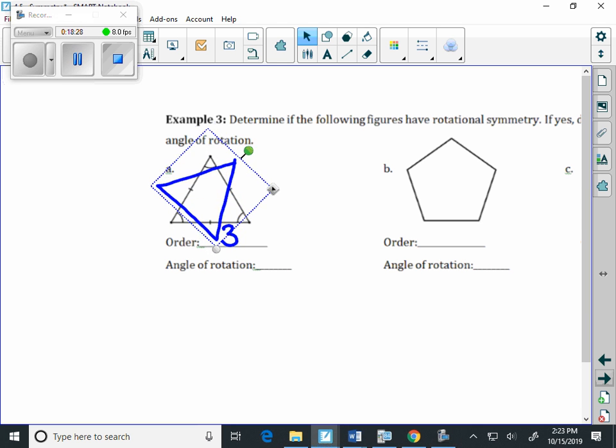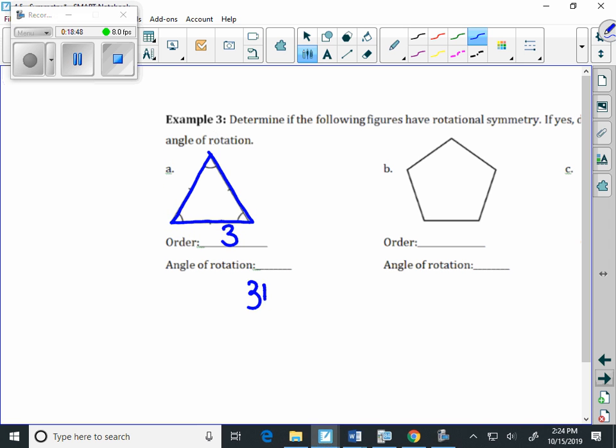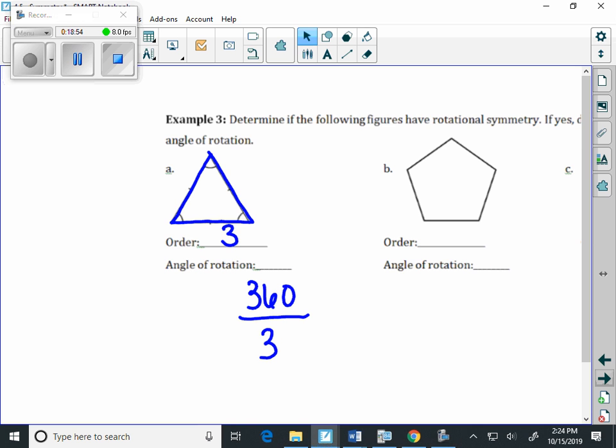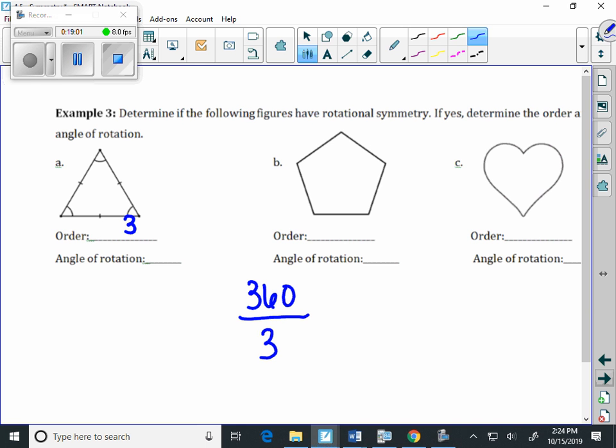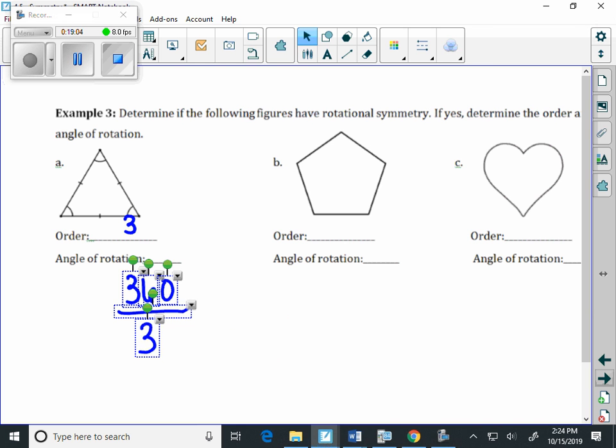And then when I finish here, it lands again in this exact same place. There you see the rotational symmetry, and the angle of rotation is determined by taking 360 divided by 3, which is 120. I'm going to scoot that back over so I can see the rest of these.